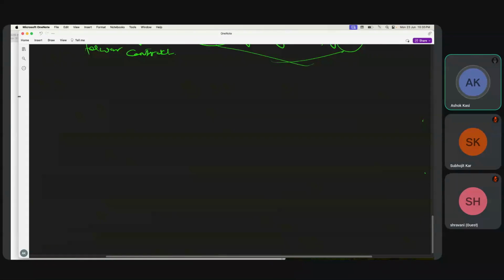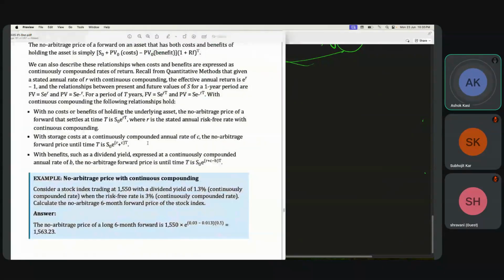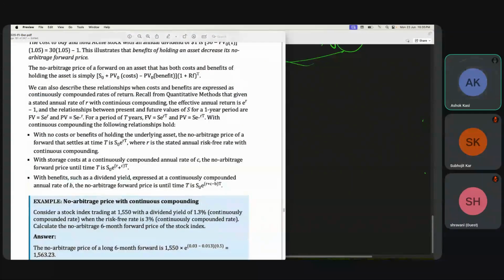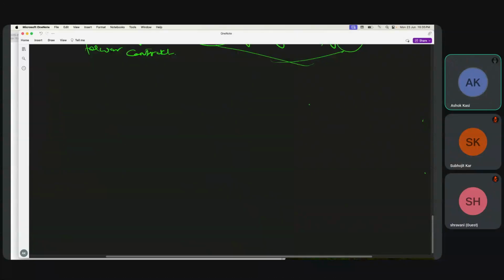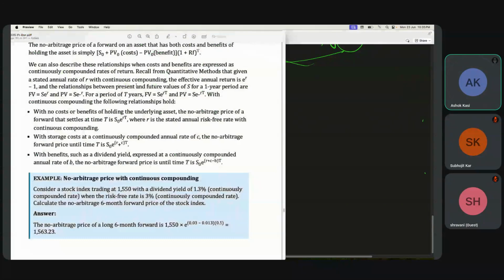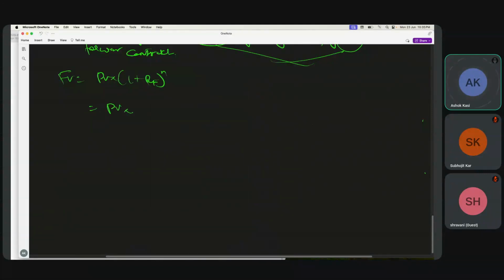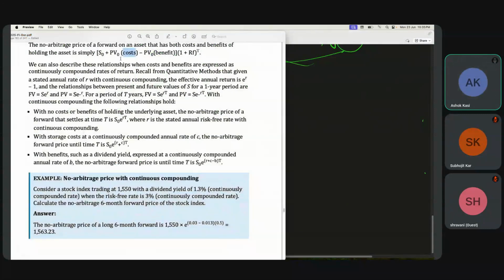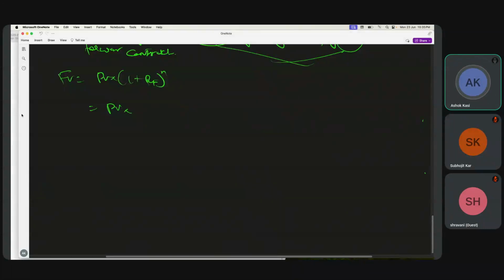Okay, so the formula goes like this. Normally, future value is equal to present value into 1 plus risk free raised to n. But here, when there is an asset, spot, which refers to present value only, plus present value of cost.